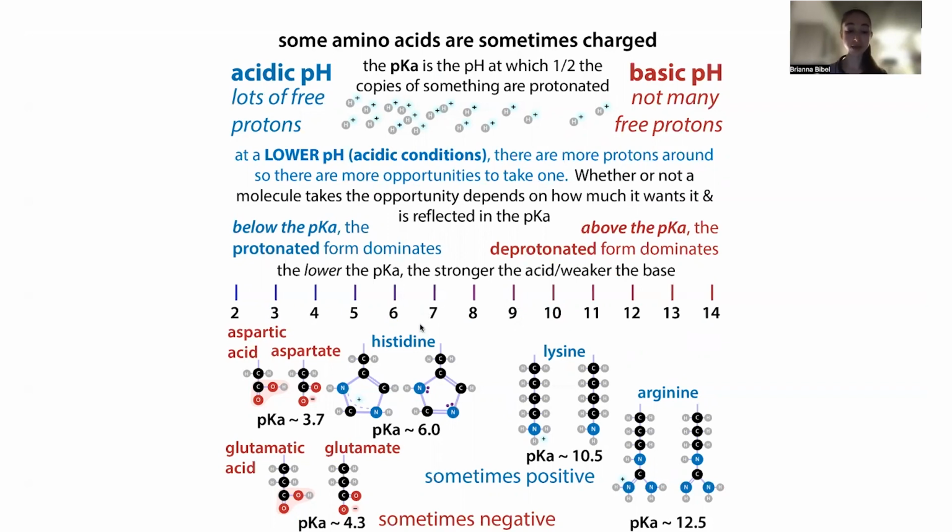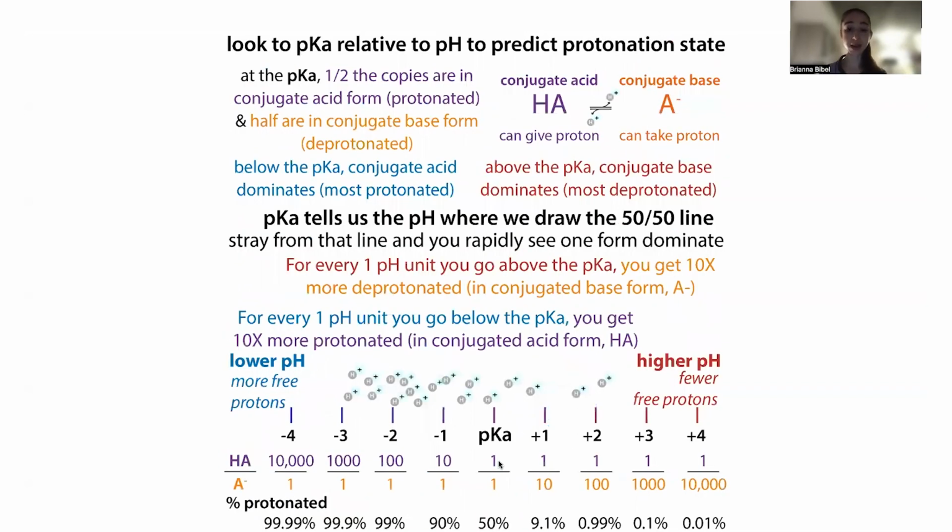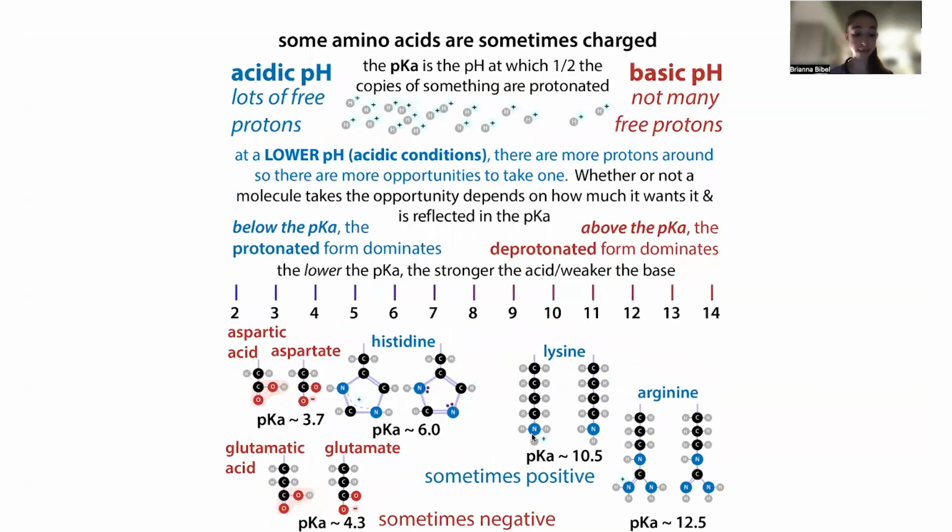So we're going to have significant amounts of both the charged and the non-charged, but the non-charged is actually going to dominate because we are at a pH of around 7, so we're above the pKa of histidine, which means fewer protons are available, so more of it is going to be in the non-charged state, which is going to be important, as we'll see, because then it can act as a nucleophile.